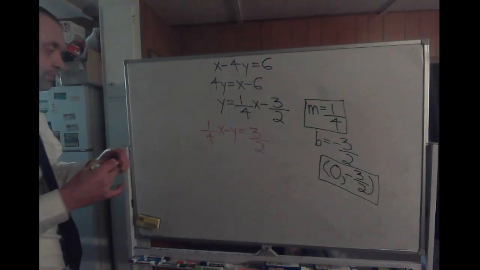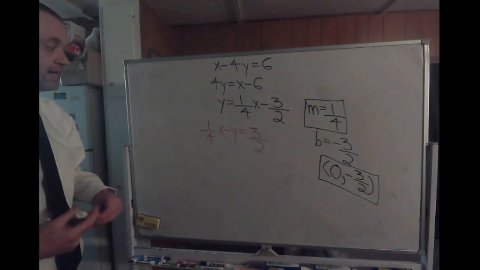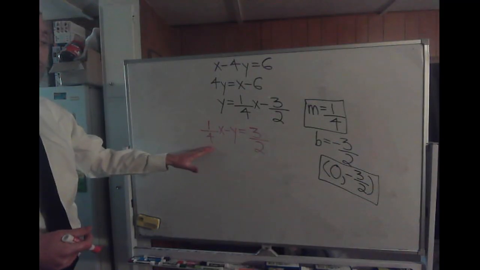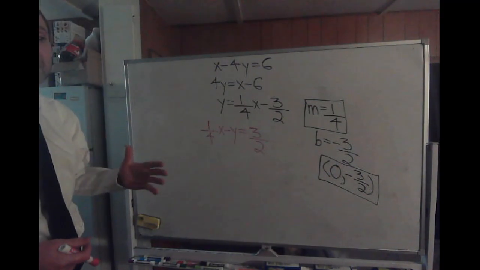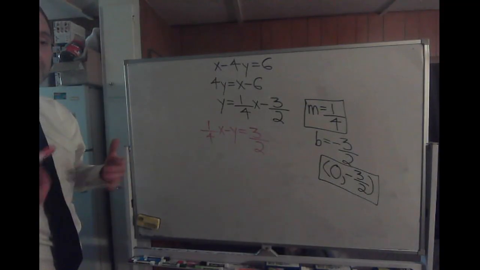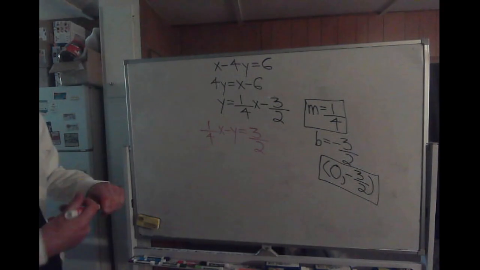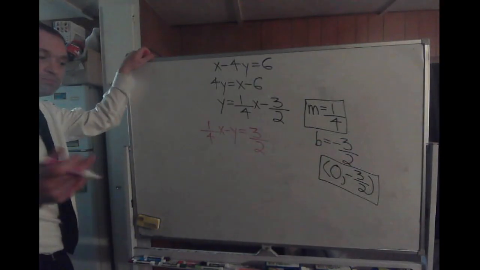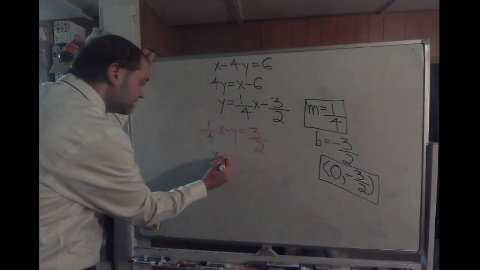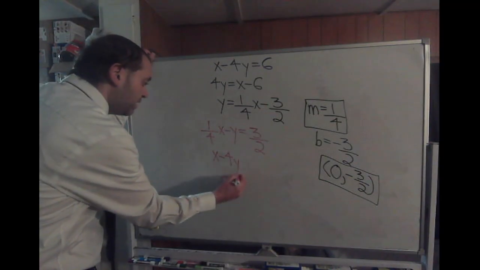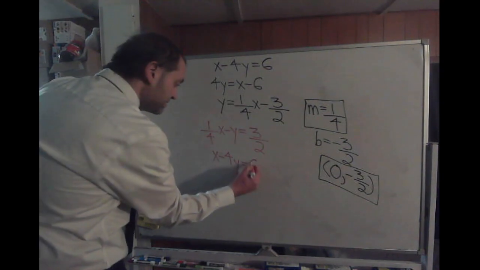Then you don't want a fractional coefficient. You can have a fractional constant on the right side, but you can't have fractional coefficients of your x or y terms. So multiply everything by 4, and you would end up getting x minus 4y equals 4 times 3/2, which is 6.